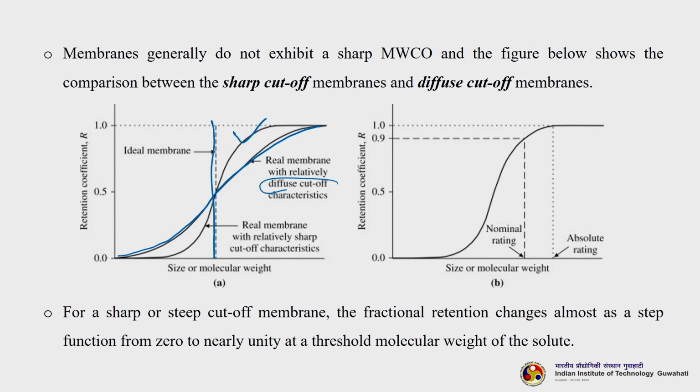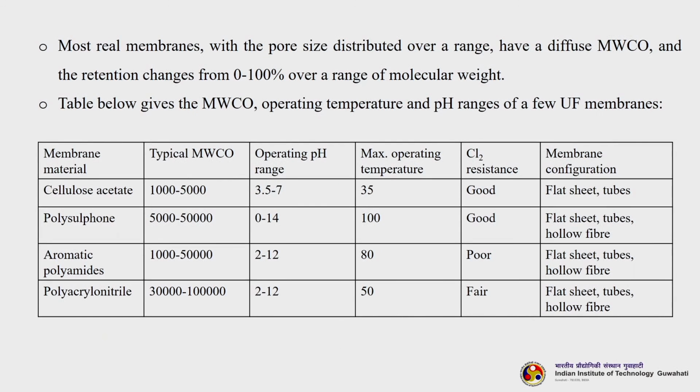We have discussed earlier that nominal rating is 90 to 95%, and absolute rating is 100% rejection. For most real membranes with pore size distributed over a range, they have a diffuse molecular weight cutoff.